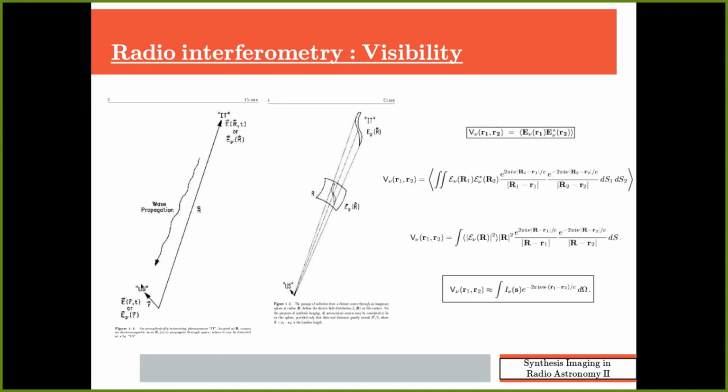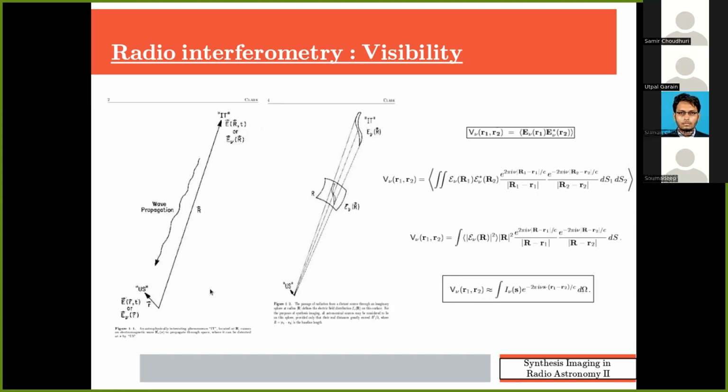Now the entire field in the sky will give us some resultant field on the Earth over here, and the correlation between this field observed on Earth at two different places, R1 and R2, is known as the visibility. Okay, so the correlation of the resultant electric field at two different locations gives us the visibility.